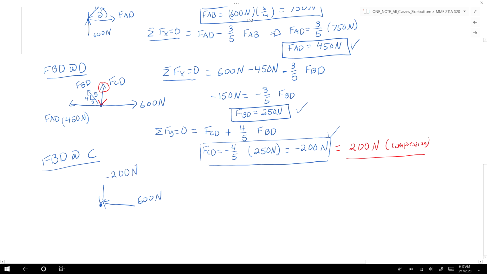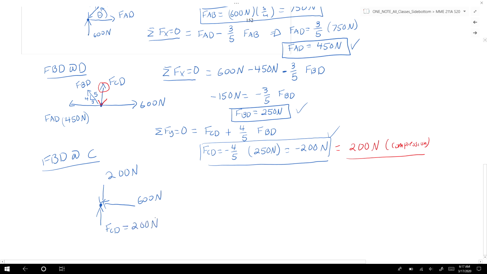Sorry, let me draw that. There you go. 200 newtons going down. All right, we also have FCD, which we know is in compression, so it should be going into our joint. So this is FCD, and that's equal to 200 newtons.